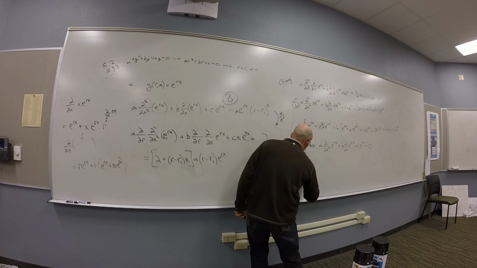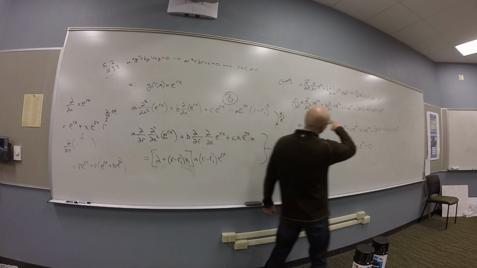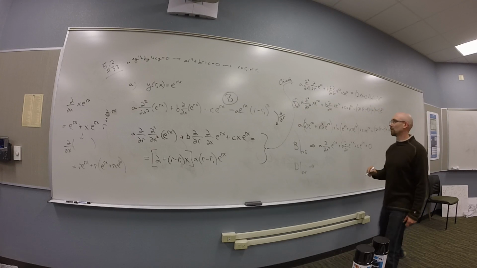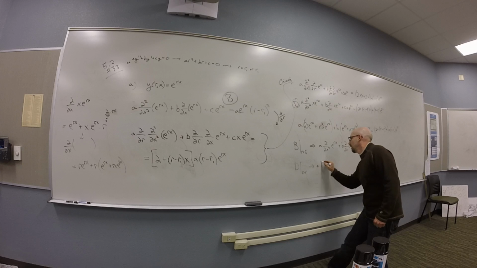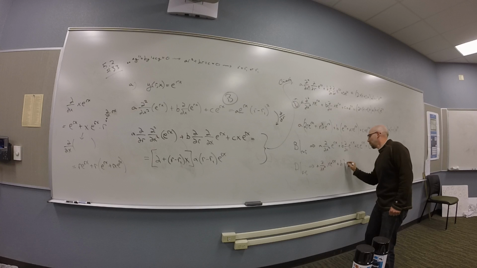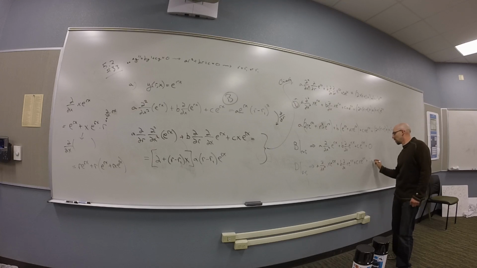I get D evaluated at r equals r1, and the right-hand side is going to be 0, and I'm going to get a partial with respect to x squared of x e to the r1x plus b partial with respect to x of x e to the r1x plus c x e to the r1x is 0.